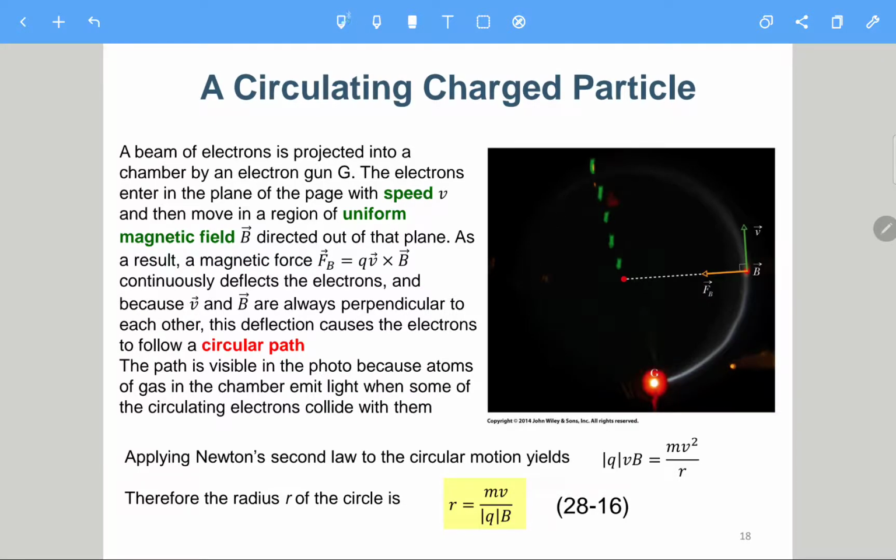I'm not sure. Maybe this graph is not very good. If this one is the radius, it should be larger. But anyway, it should be a circular path.